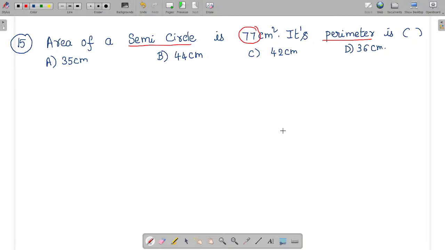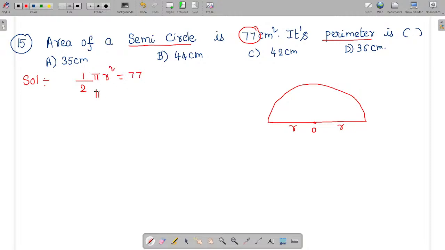So now for example, this is the semicircle, area of the semicircle is given. For example, this is the radius r and r, right. Now the solution, area of the semicircle is given by half pi r square. Half pi r square is equal to 77. Now pi r square is equal to 77 into 2.